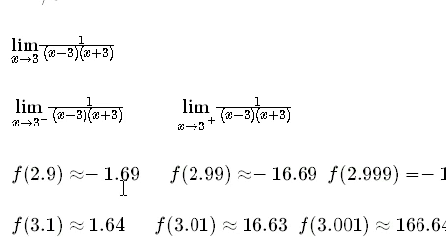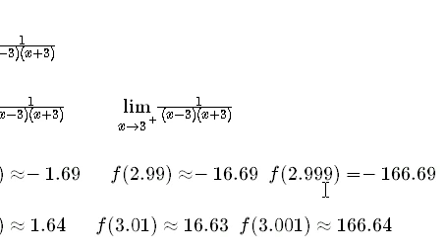So plug 2.99 in. You get approximately negative 16.69. Then I'm going to plug in 2.999, and as you can see, this number is getting larger even though it's negative. We end up getting approximately negative 166.69. So this is a good indication that as I get closer and closer to 3 coming in from the left, this function is going to negative infinity.